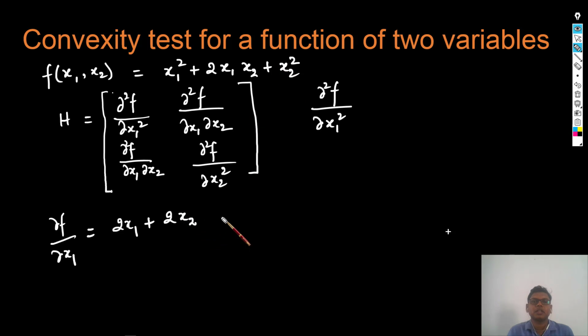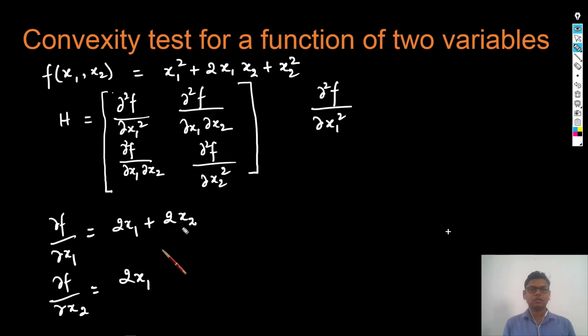This is not having any x1 term, so it will be 0. Similarly, we need del f upon del x2. Here there is no x2 term, so this will be 0, and this one will be 2x1 plus, here the x2 term is there, so 2x2.